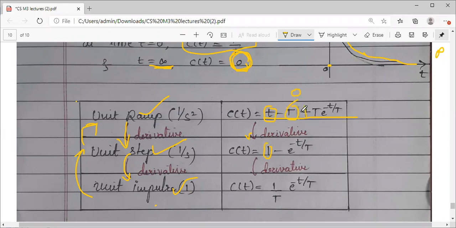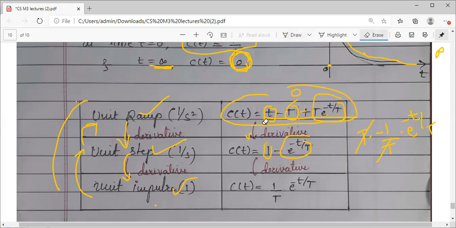You have plus differentiation of this term. T is constant, keep it as it is. Differentiation of e raised to minus t by t is minus 1 by t into e raised to minus t by t. So these two t will cancel, you'll get minus.